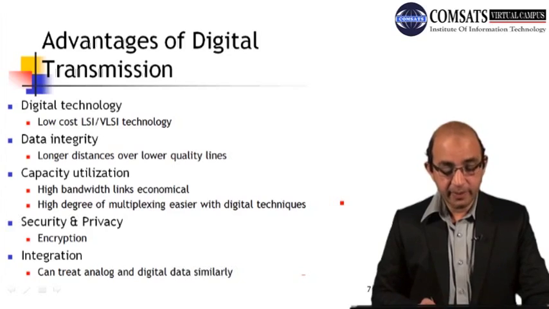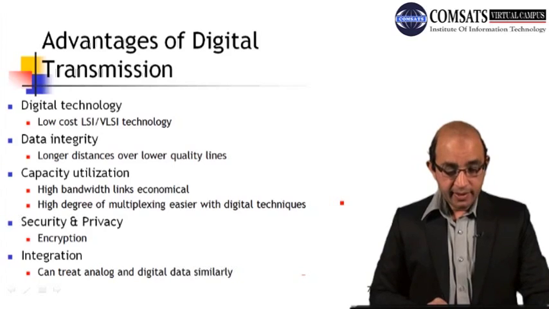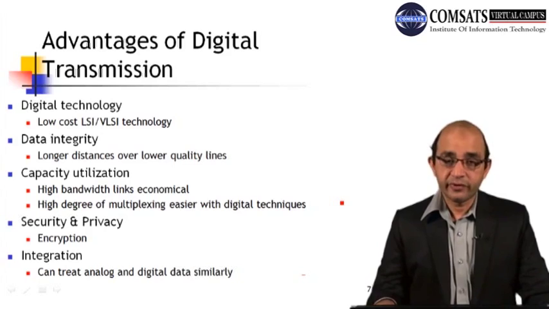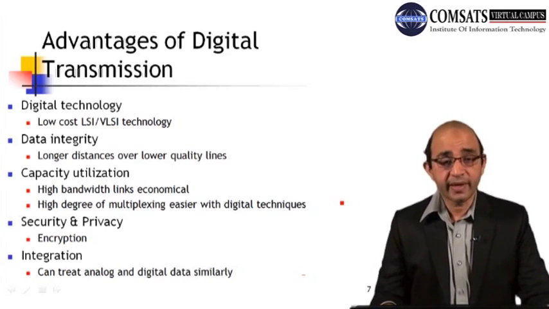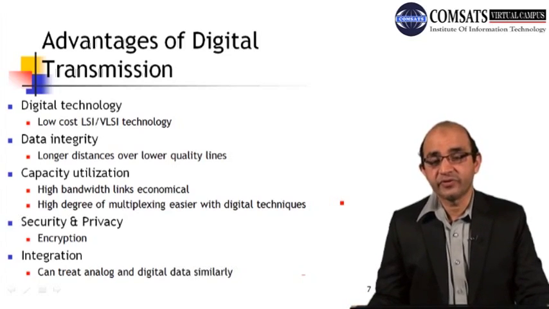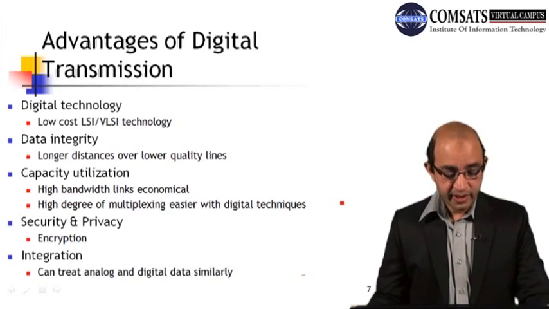A high degree of multiplexing is easier with digital techniques, so there are a lot of different techniques that we can use to enhance the capacity of the underlying technology. And then security and privacy: we have a lot of different encryption schemes and mechanisms to make the data secure, so we can maintain privacy.